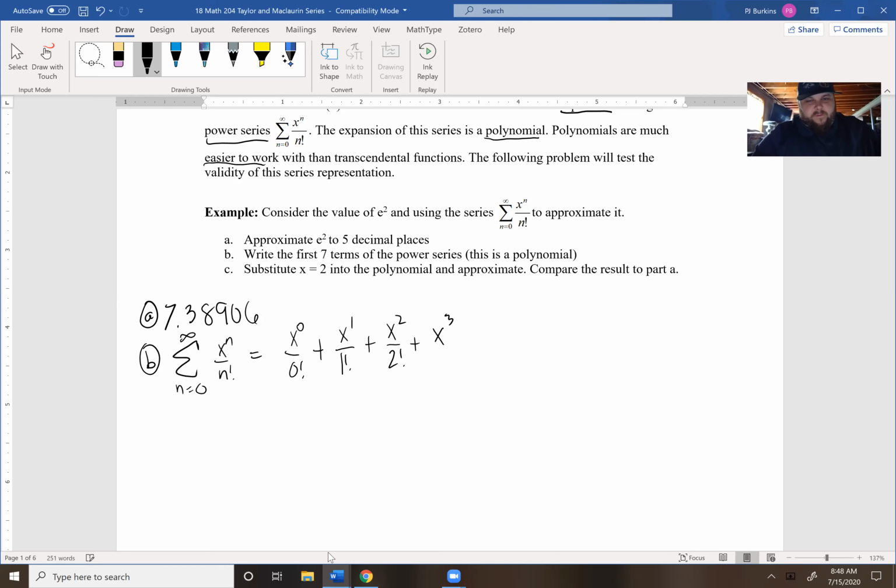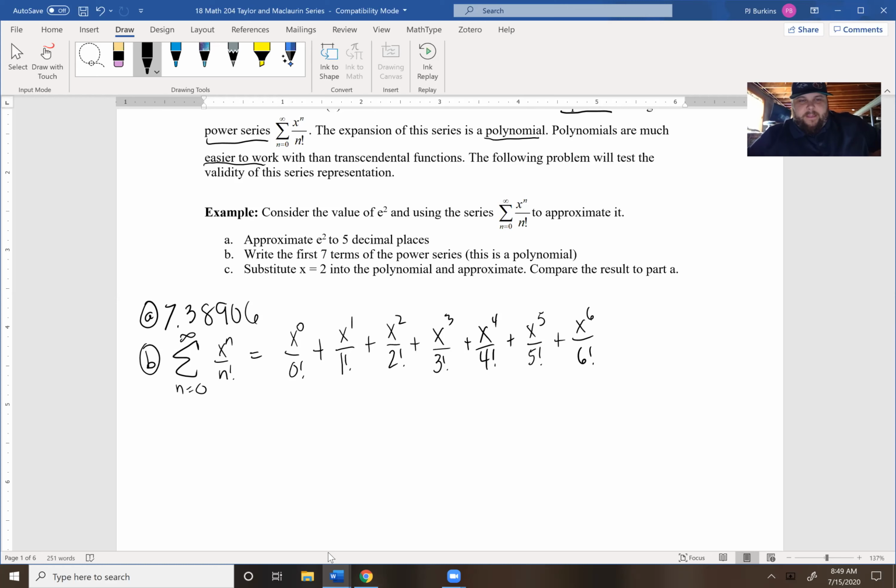We do this to 7 terms. So that's our first 7 terms.